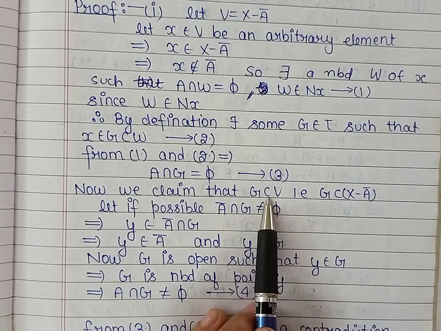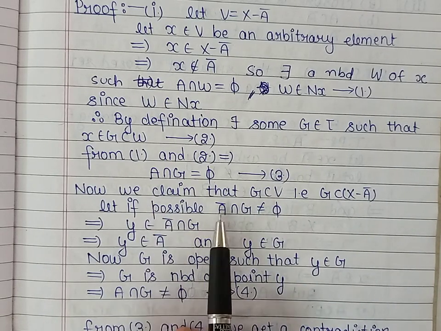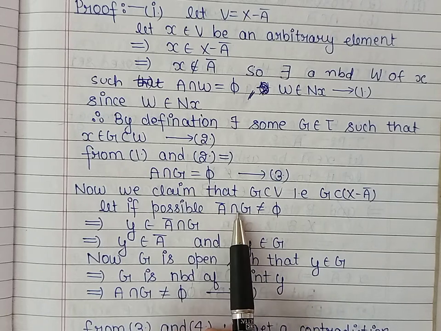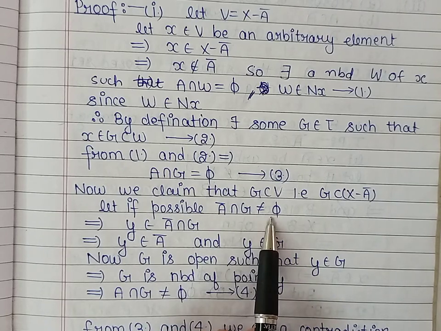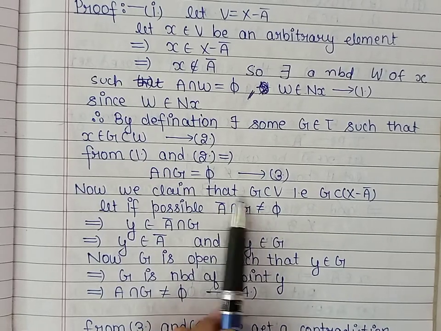In order to prove this, we will use contradiction. Let, if possible, A closure intersection G be not equal to φ. It means we can take an element y belonging to this intersection.